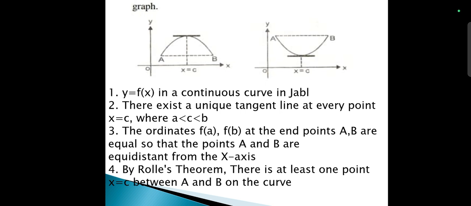The ordinates f of a and f of b at the endpoints a and b are equal, so the points a and b are equidistant from the x-axis. By Rolle's theorem, there is at least one point x is equal to c between a and b on the curve.